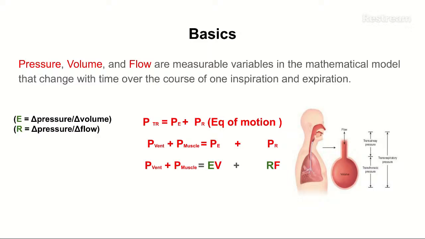So once we apply the ventilator and we are not relaxing the patient's muscle, then both the patient's muscle and the ventilator's pressure are working to counter the elastic and resistive work of breathing. So the third part, if you come down, the patient's muscle plus ventilator is working on one side, against elastic pressure and resistive pressure.